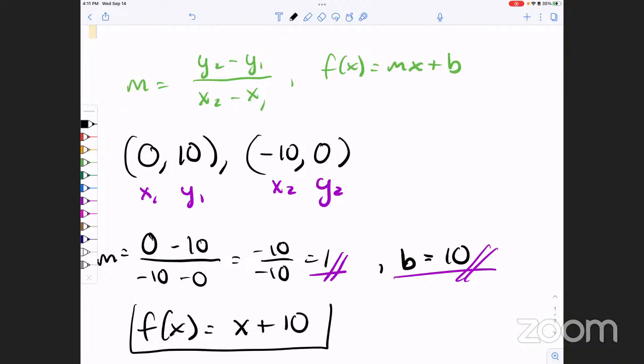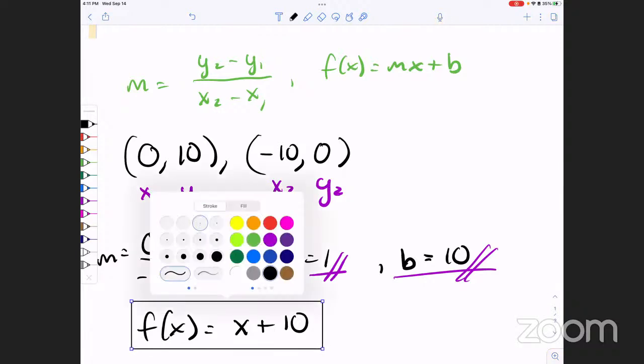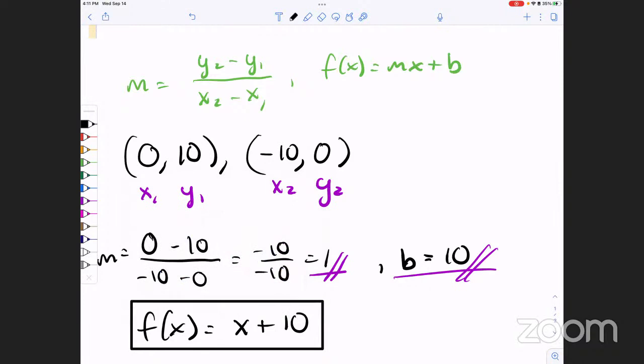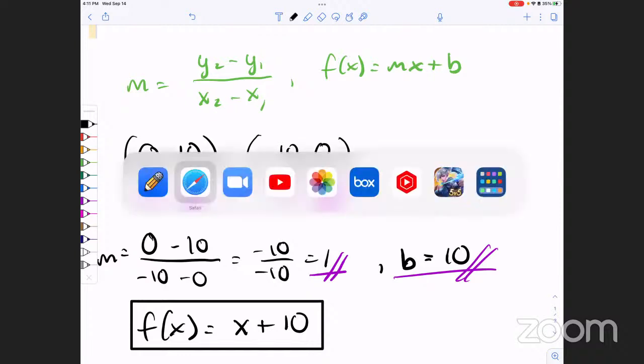And we want to verify that our given points work here. Notice that when x is 0, y is 10. When x is negative 10, y is 0. So we just got x plus 10.